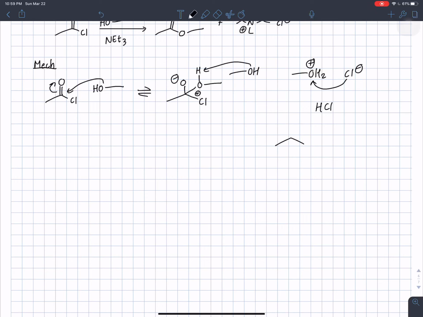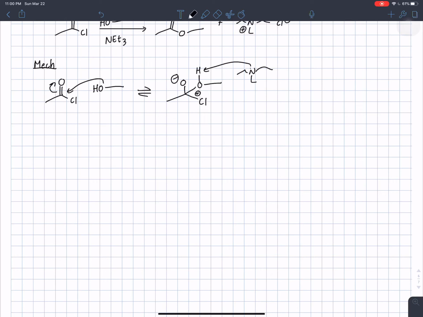And it turns out if you have acidic conditions with the acyl chloride, you'll just turn this into a carboxylic acid, which is not what you want. So if you don't want the carboxylic acid there, you have to use a better base than another alcohol. That's why we use triethylamine.